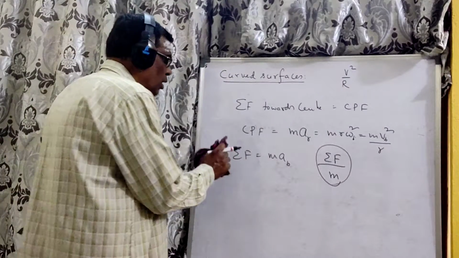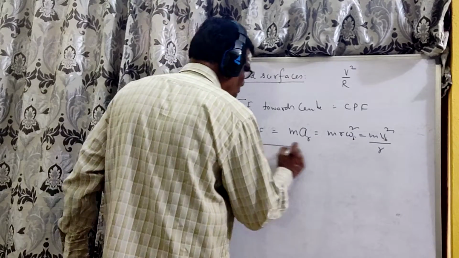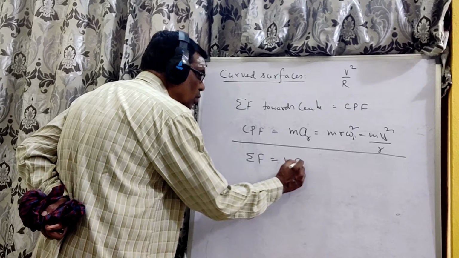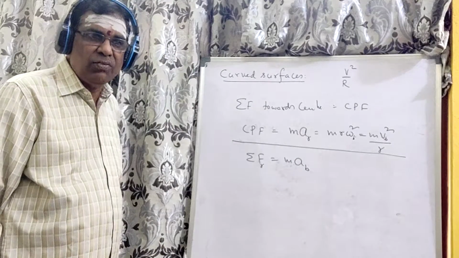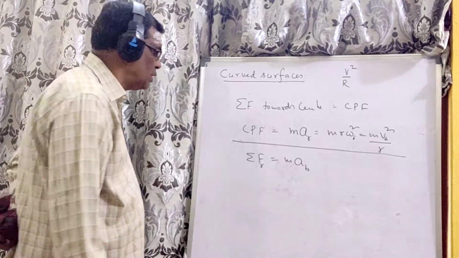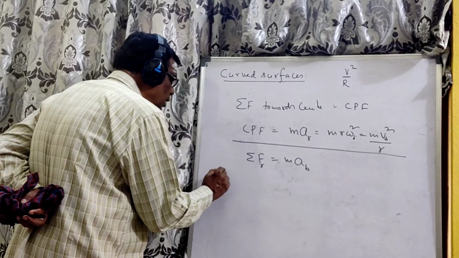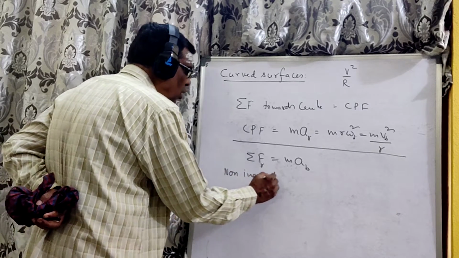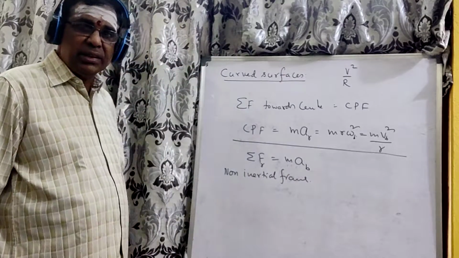Okay. Now, if you recall, this is one part of the story. When you took sigma F is equal to m a, this is all a set of real forces. I told you, it is all a set of real forces. Now, suppose I apply this in a non-inertial frame. Now, follow carefully, my friends.